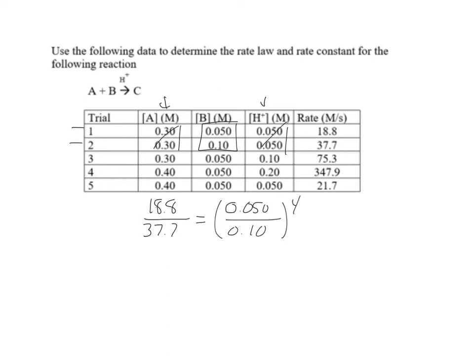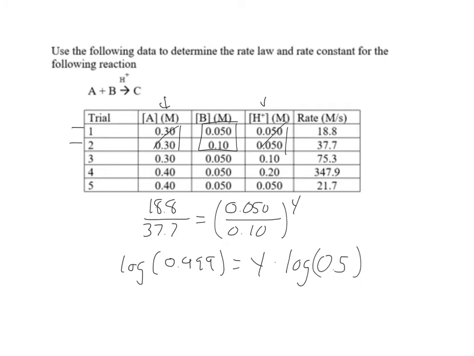So we can solve for Y by taking the log of both sides, and we get the log of 18.8 divided by 37.7, which is the log of 0.499 equals Y times the log of 0.5.